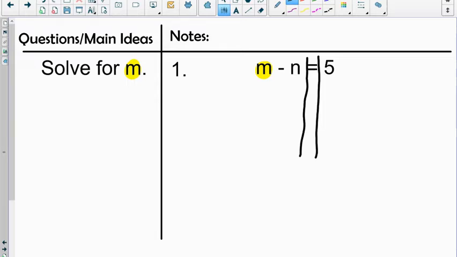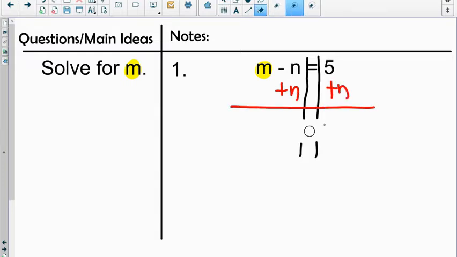So we have to think about how the n is attached to the m. Well, the n was being subtracted from m. So if we want to undo the minus n, we want to use addition. We add n to both sides. And you might be thinking, well, how do I add n to 5?